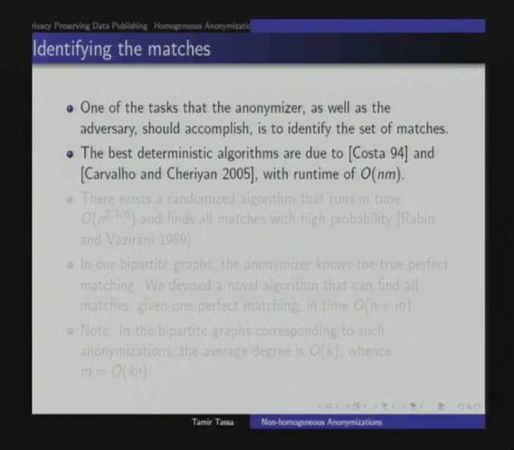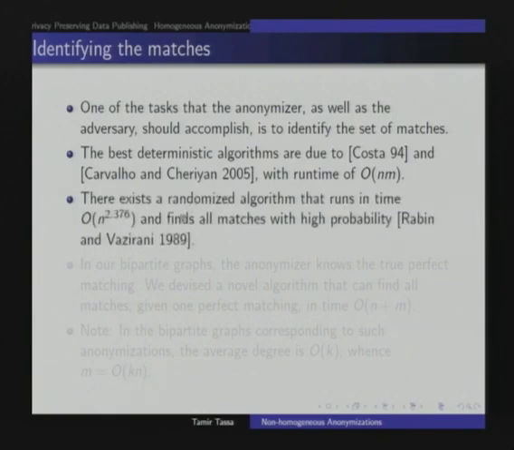Here n is the number of nodes and m is the number of edges. And there is also, by the way, a randomized algorithm due to two giants of computer science, Rabin and Vazirani, which finds all matches in a graph with high probability, and its runtime is O(n^2.376).